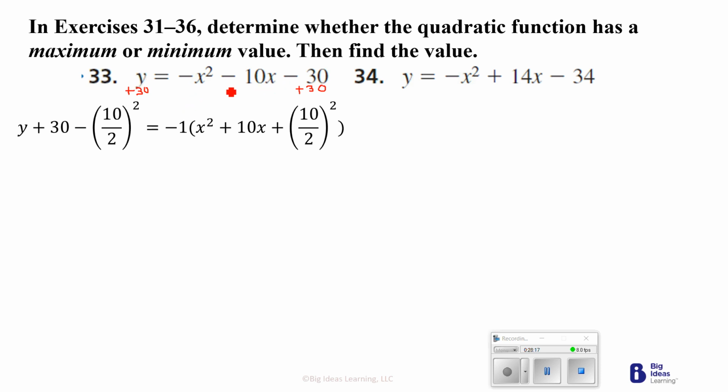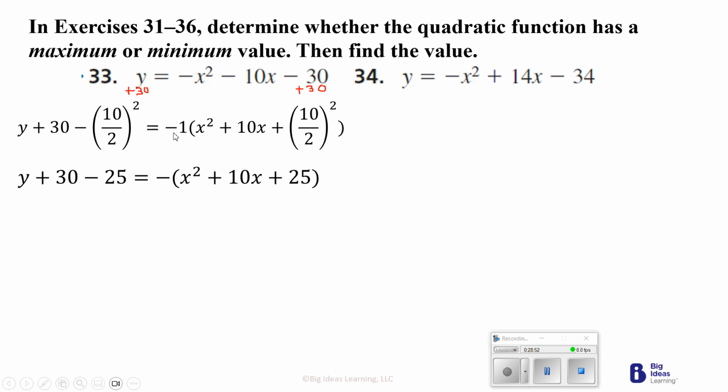So we're going to take that 10x and find that perfect square for it. That's going to be -10 divided by 2, and then square it, which is going to give us 25/4. No, actually 5. That'll be 25. So now we have y plus 30 minus 25.